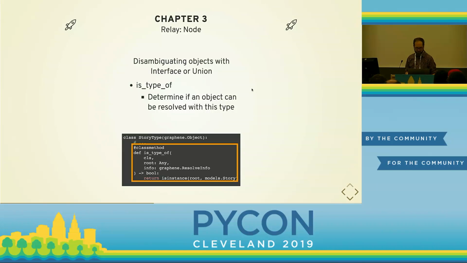That basically helps us determine if the object can be resolved with this type. In our case, we return a Boolean if it's an instance of the story model from our Django ORM. If it's a story model, then we can resolve it using the resolvers that we specified in story type, like those fields apply to it.